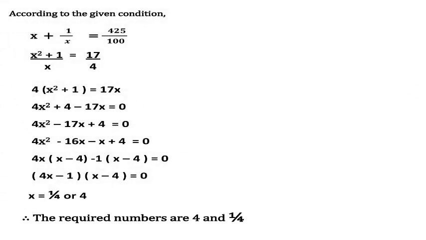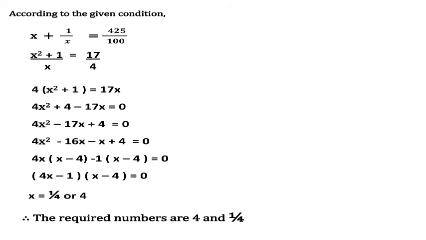According to the given condition, the sum of a number and its reciprocal, that is x plus 1 by x. Number is x, its reciprocal is 1 by x. The sum means x plus 1 by x.